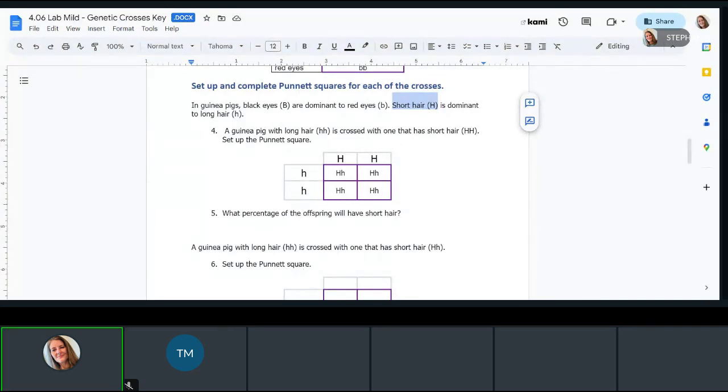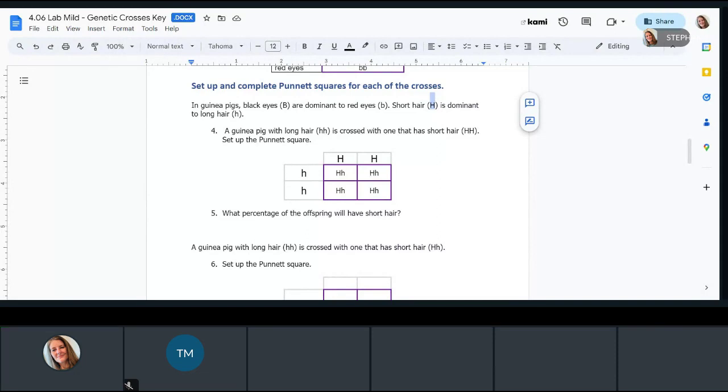What's going to happen every time? What are the kids? The kids always have this, right? The short hair is the dominant one right here. Short hair is the big H, and long hair is the little h.